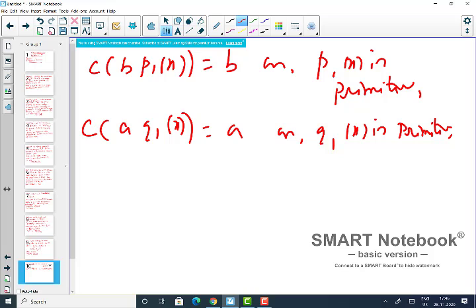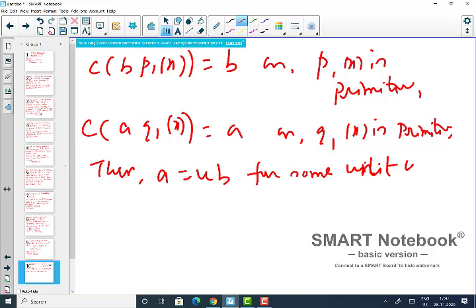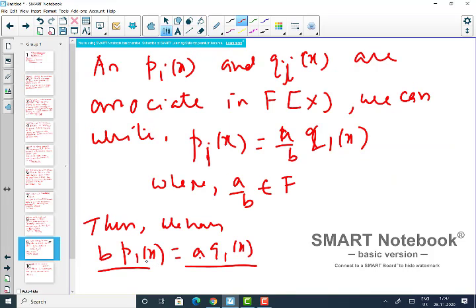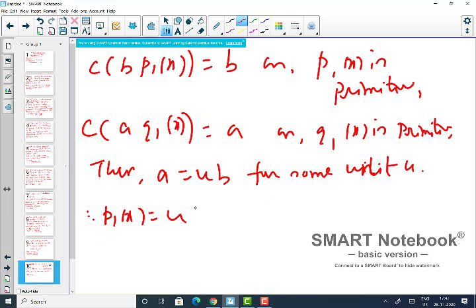So you can say that a equals some unit u times b. Thus you can write p1 of x equals u times, since if we replace a equal to ub, b gets cancelled, u times q1 of x, right?